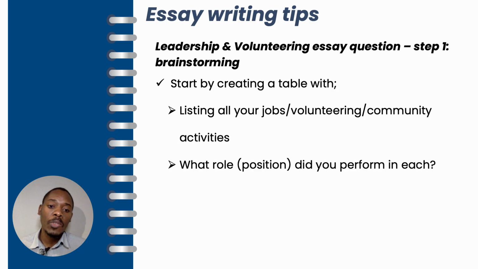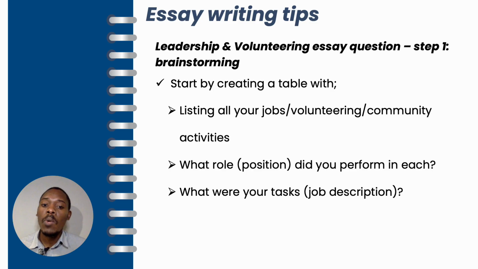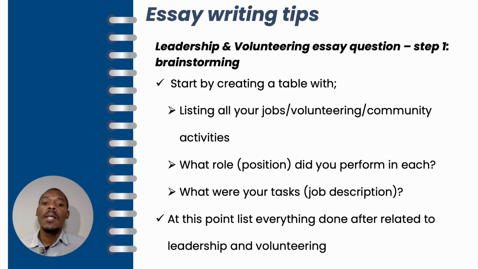What was your actual position? Were you a coordinator? Were you a supervisor? What was your actual job description? You are doing ABCD, you put everything. Okay, then at this point, you are just listing everything that is related to your leadership and your voluntary work, so that it is very clear what you are going to select from.